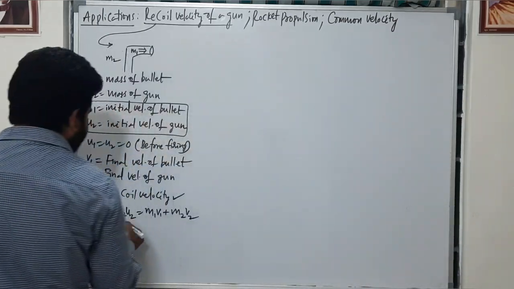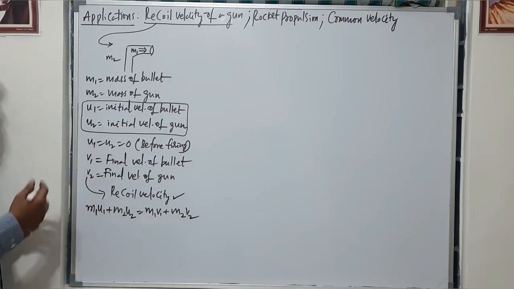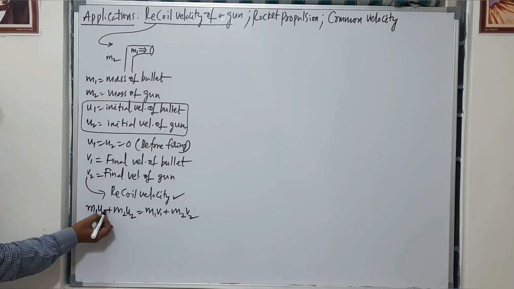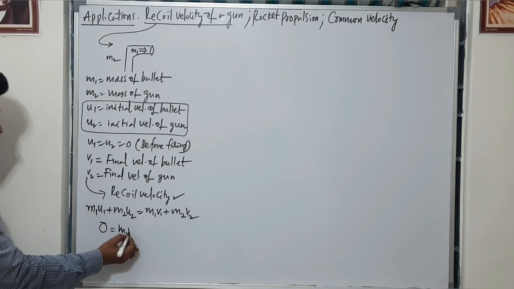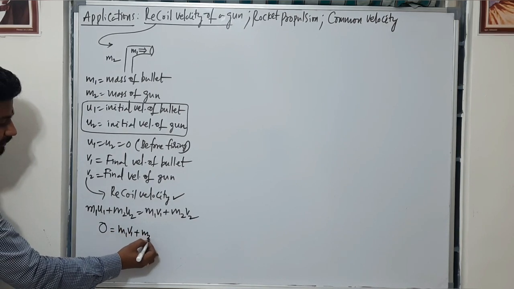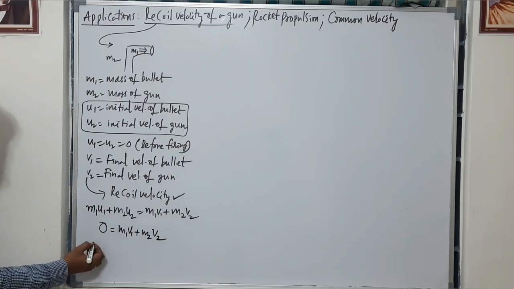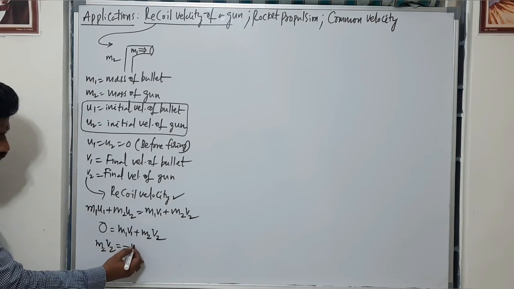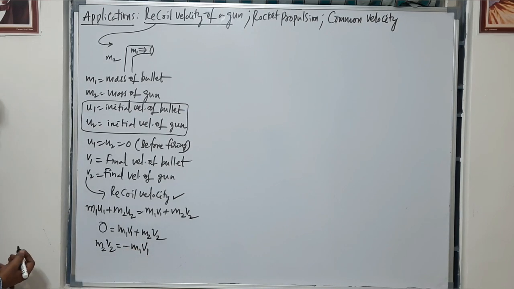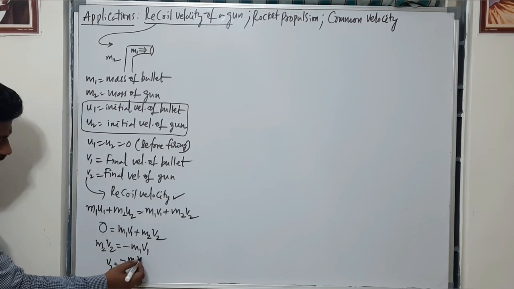So before firing, I had clearly mentioned initial velocities of bullet and the gun will be 0. m1 into 0 plus m2 into 0 will be 0 here, and it is m1v1 plus m2v2. Is it clear? So here I can clearly write m2v2 is equal to minus m1v1. What I can write? v2 is equal to minus m1v1 by m2.